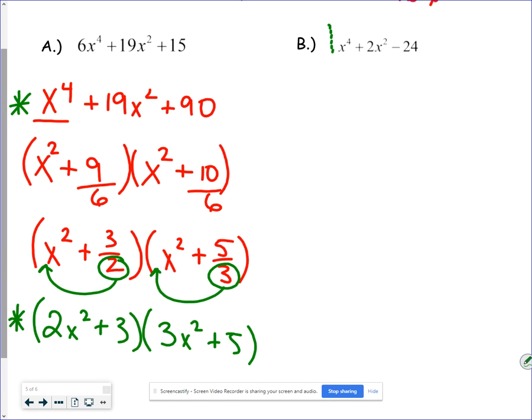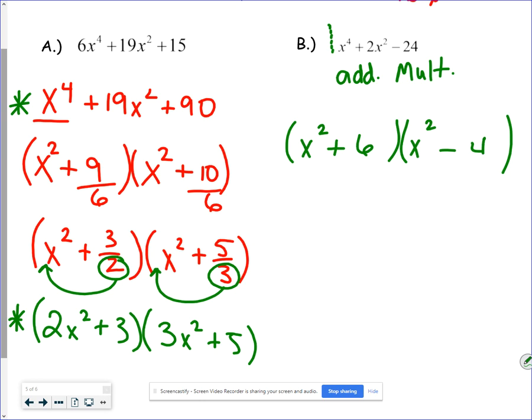So you're going to ask yourself, what multiplies to be negative 24 and adds to be 2? So we're going to put x squared down and x squared down. Now what two numbers multiply to be negative 24 and add to be positive 2? Positive 6 and negative 4, right?